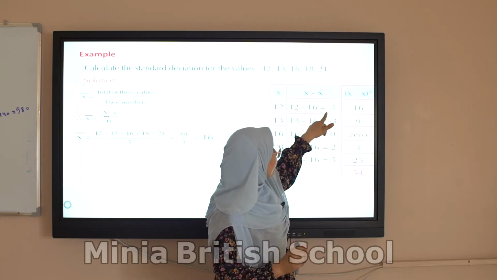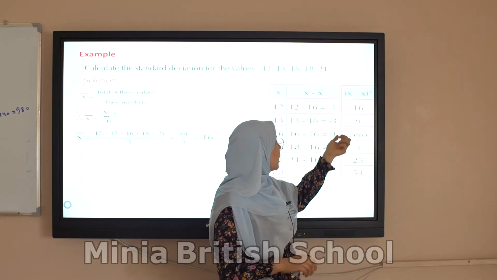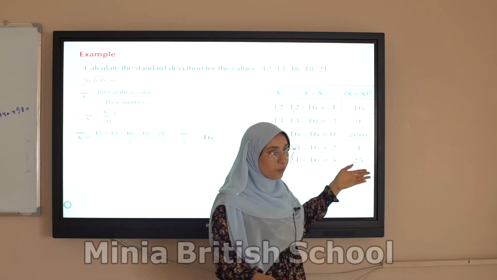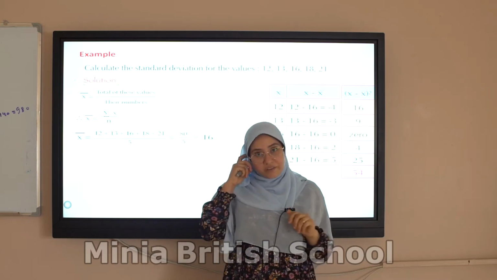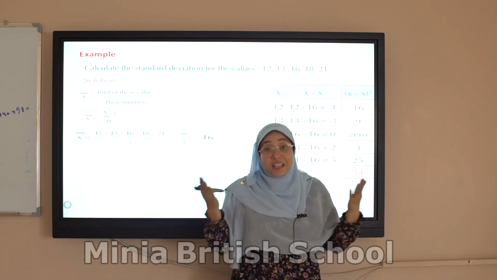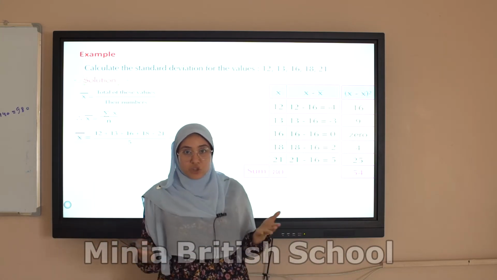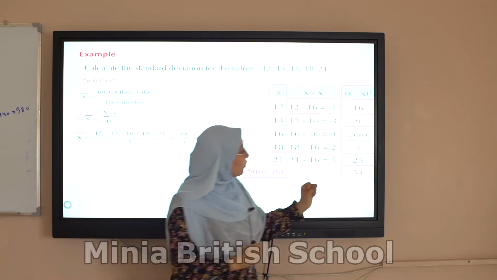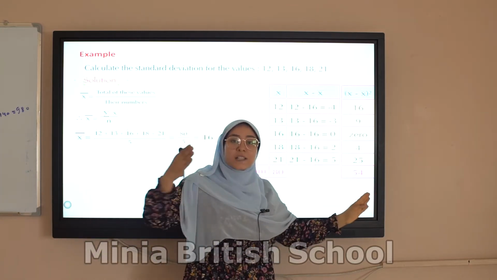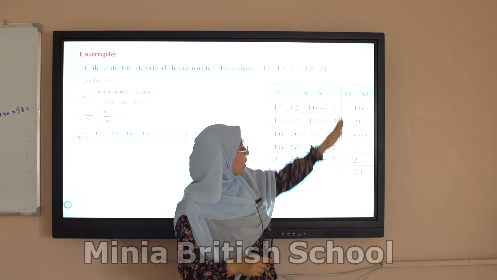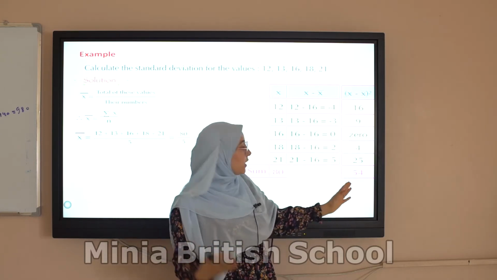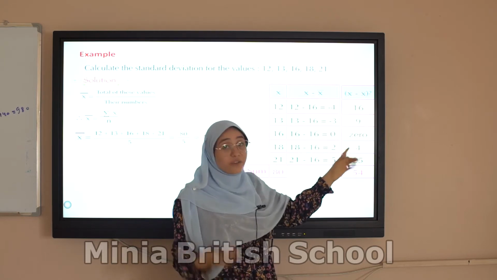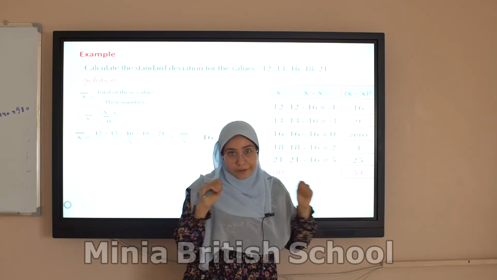So negative 4 power 2 is 16, negative 3 power 2 is 9, 0 power 2 is 0, 2 power 2 is 4, and 5 power 2 is 25. The summation of (x minus x bar) squared is 16 plus 9 plus 0 plus 4 plus 25 equals 54.